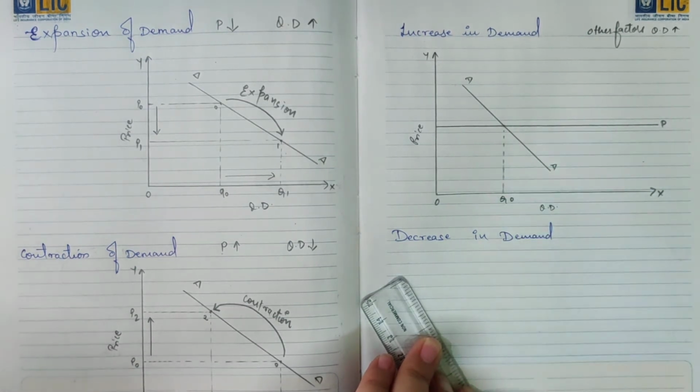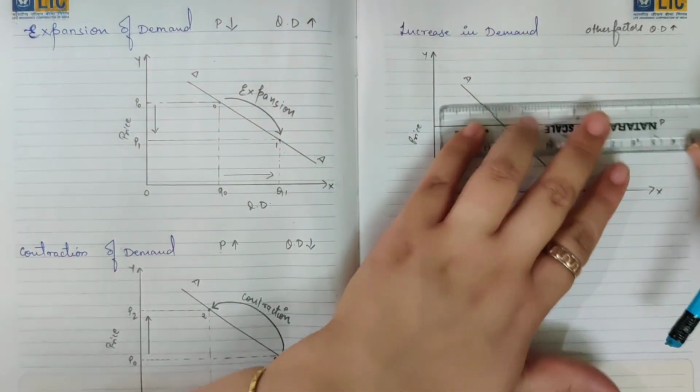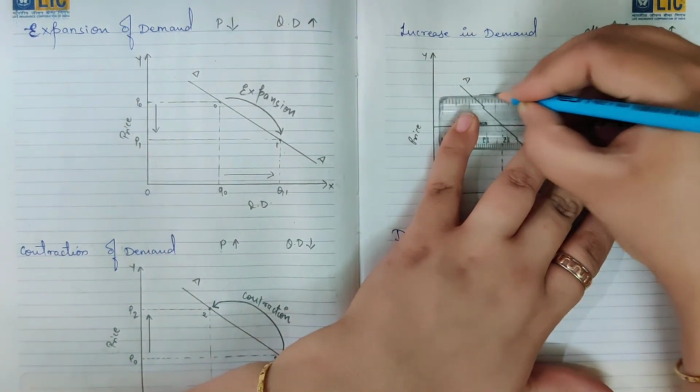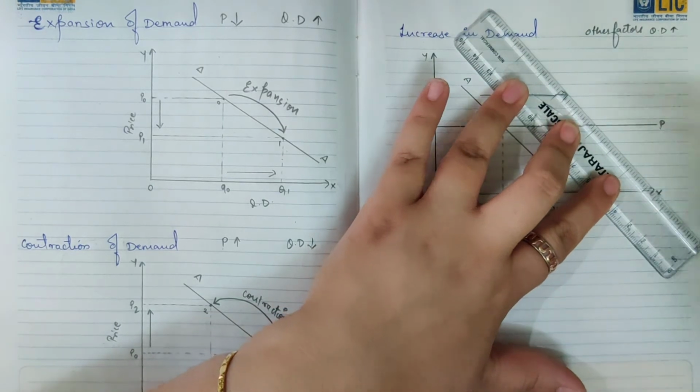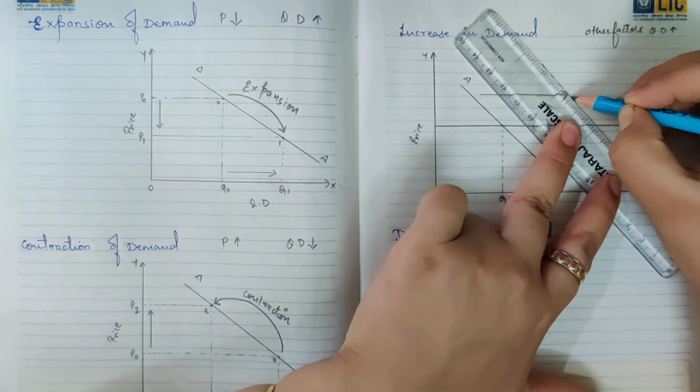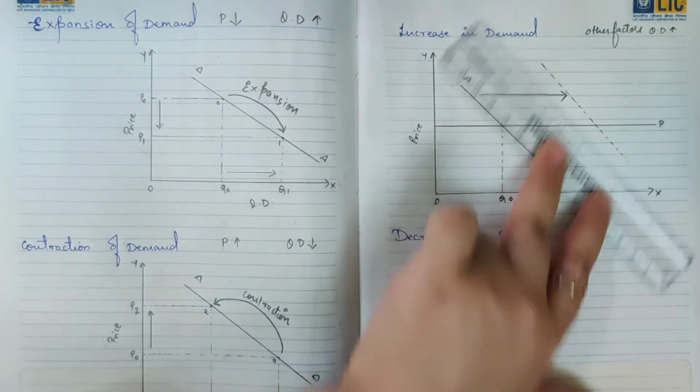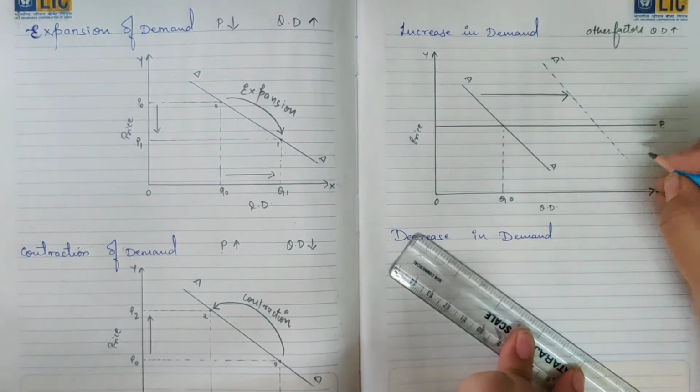Q naught. Now due to the change in any other factor, like income of the consumer increased, or he developed a favorable taste for this commodity, demand tends to increase, so it shifts forward. It is depicted by a dotted demand curve, D1 D1.